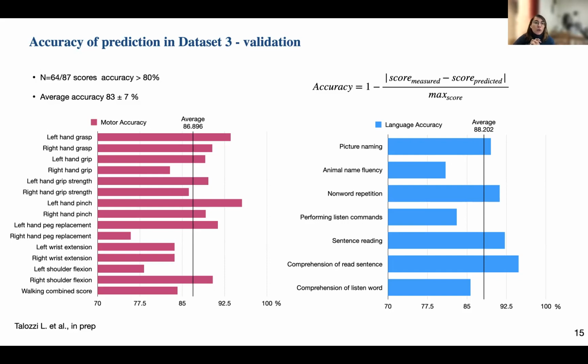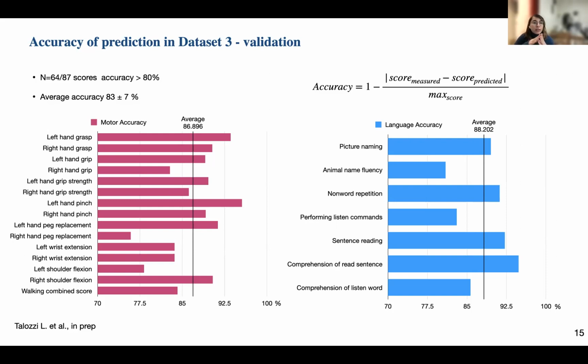And here I reported the different accuracy for motor scores and language scores. You can see that 64 scores out of 87 presented an accuracy higher than 80%. On average, the accuracy was 83%, plus minus 7.